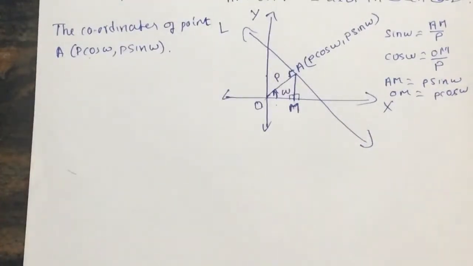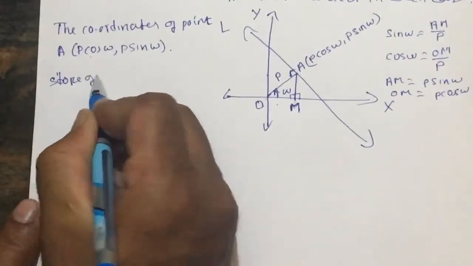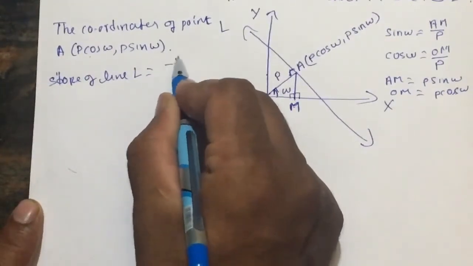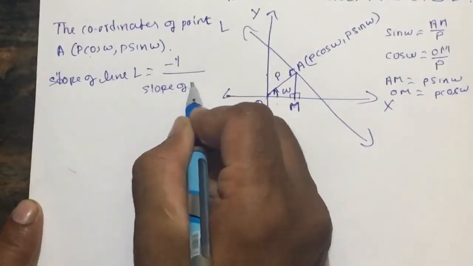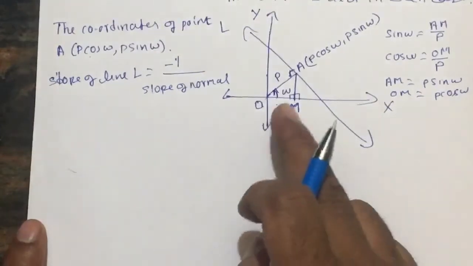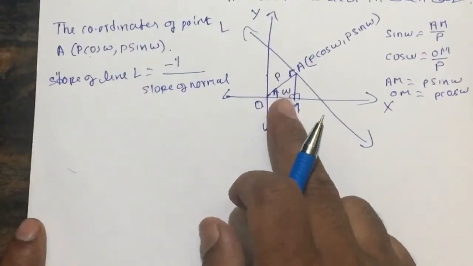Now I need to find the slope of line L, which is equal to minus 1 by slope of normal, because if two lines are perpendicular, then we have the formula m1 equal to minus 1 by m2, or m1 m2 equal to minus 1. I am using the first case here. Slope of the normal we can find easily, because we know the inclination with the positive direction of x-axis as omega.